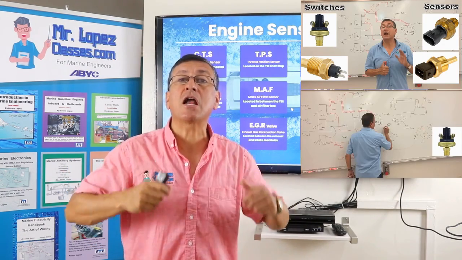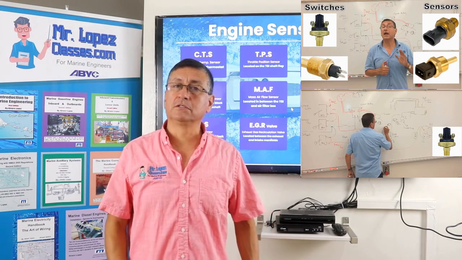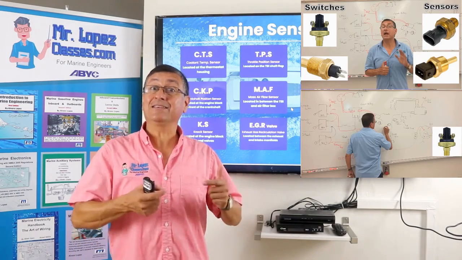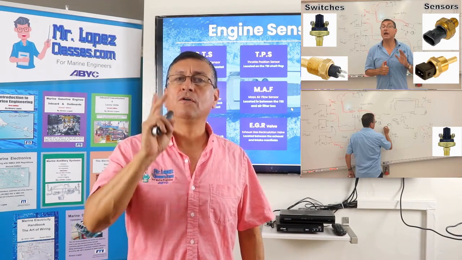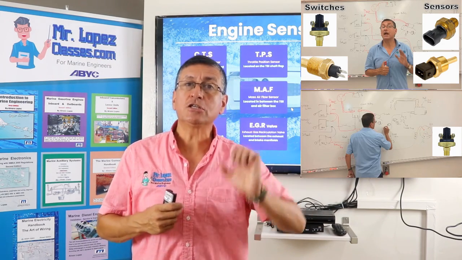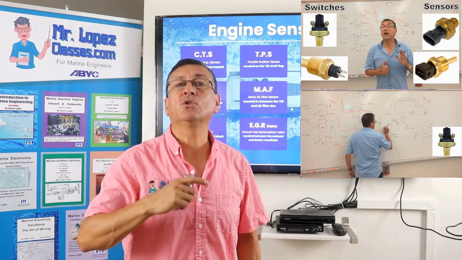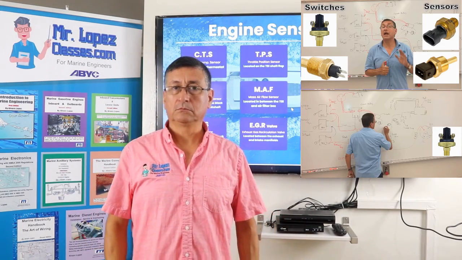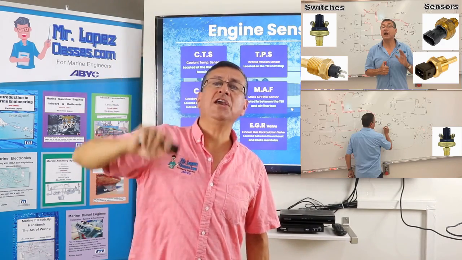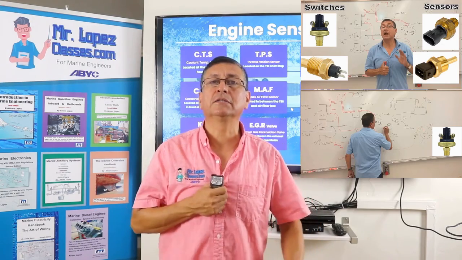The switch interrupts the current on the run relay on the harness. And the sensor works for two functions: send the signal to the temperature gauge, and send and receive information to the computer. The sensor is dedicated to the computer and gauge, and the switch to interrupt the current on the harness.